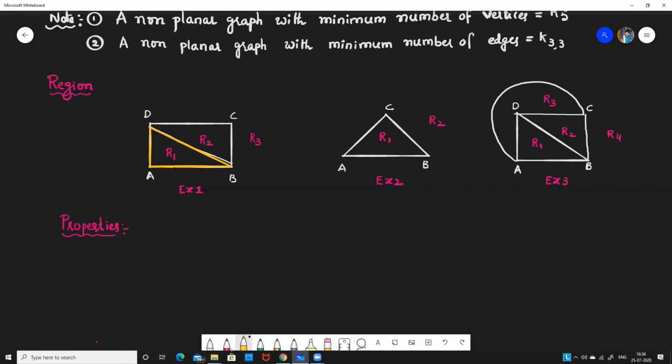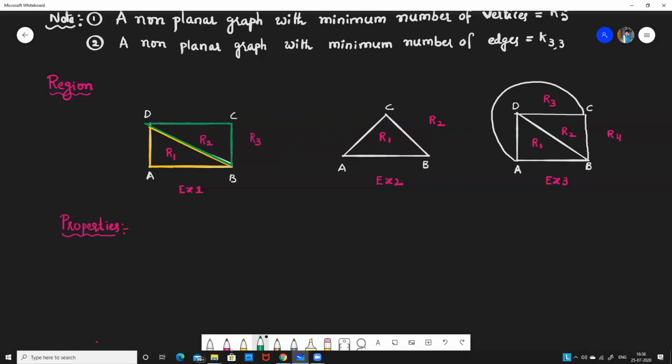And what about the degree of R2? Let me take a different color so you can understand. How many edges are there now? Like 1, 2, 3. There are three edges available. So R2 is bounded by three edges, therefore the degree of R2 is equal to 3.